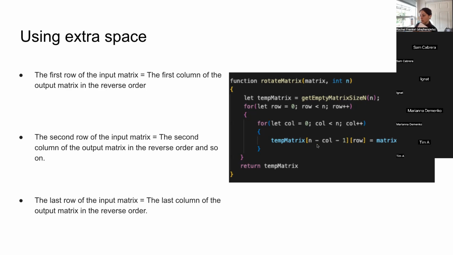So if we're looking at A, now we're looking here. So in temporary matrix of this space is going to get this element. Now temporary matrix of this space, of this space, it's going to get this element, and so on and so forth. And we're going to go through each one of these row by row.